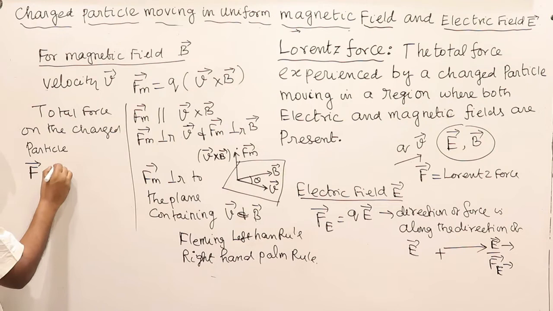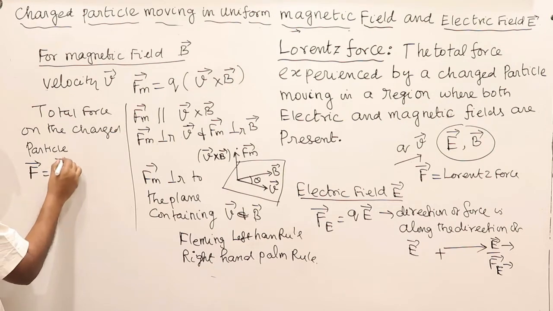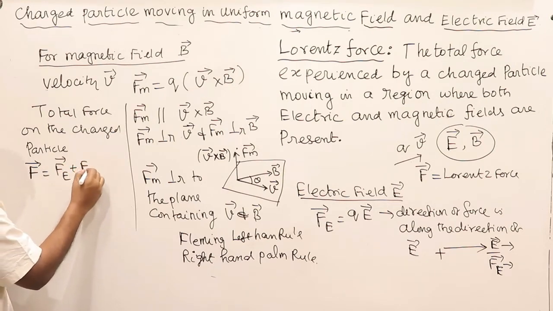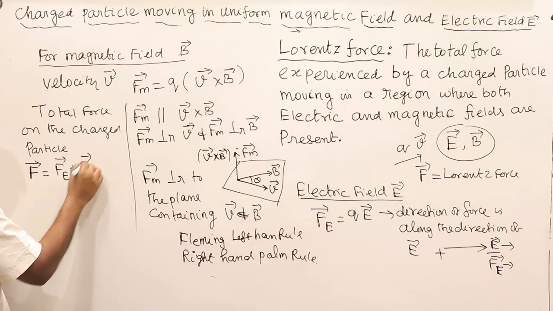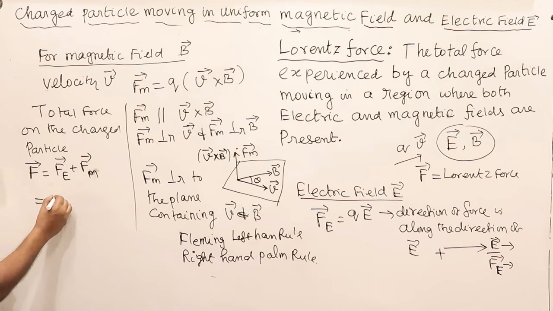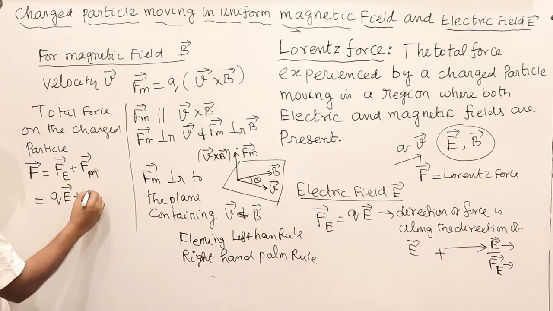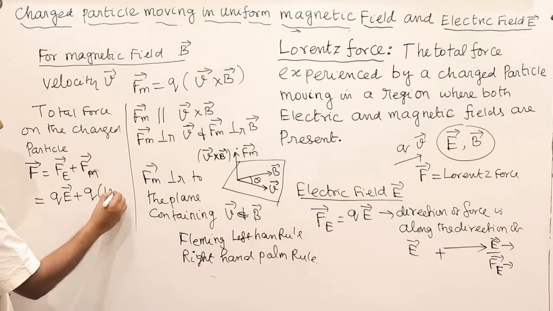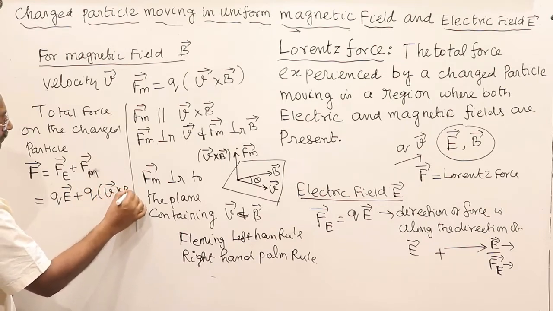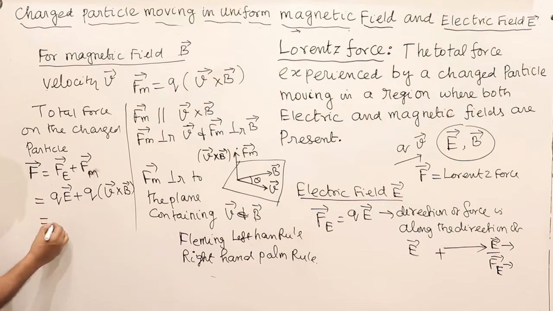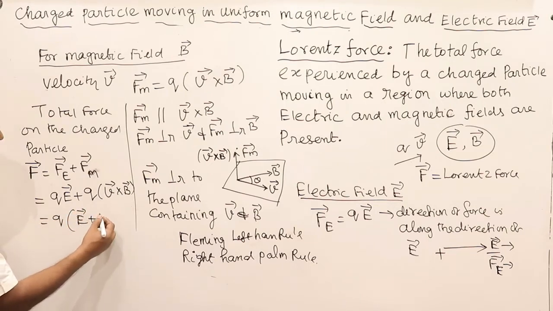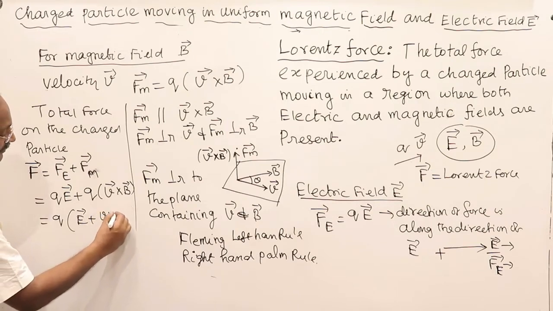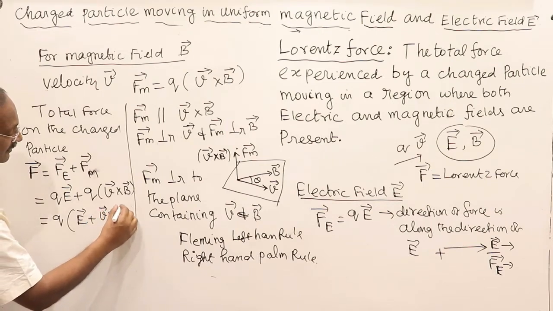Total force is equal to force due to electric field plus force due to magnetic field, which is equal to Q into E vector plus Q into V cross B vector, or we can take Q outside: Q times E vector plus V cross B vector.